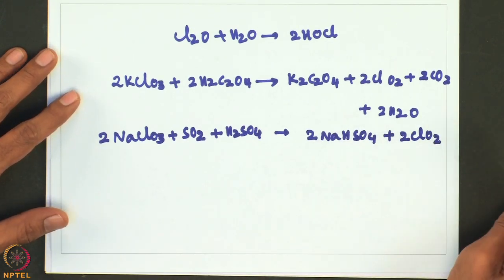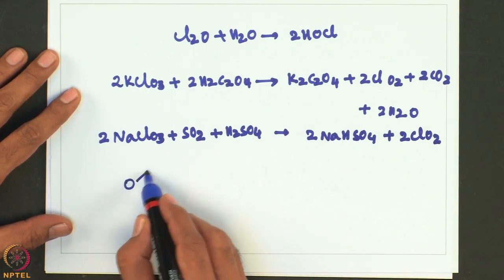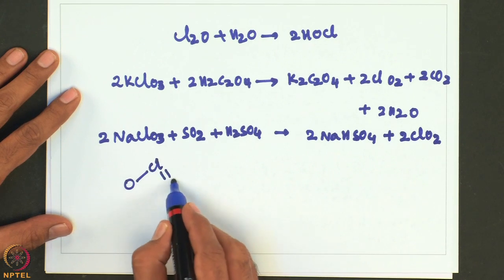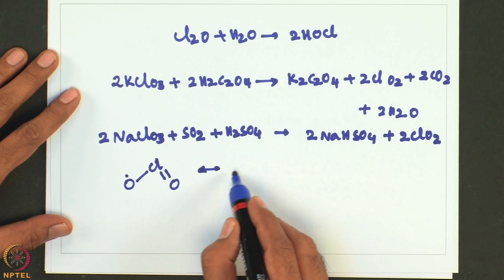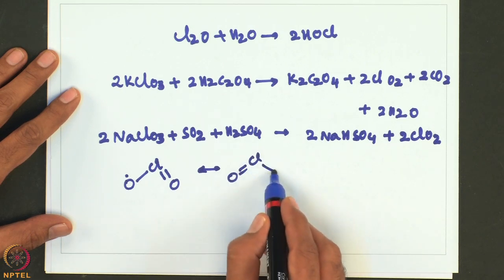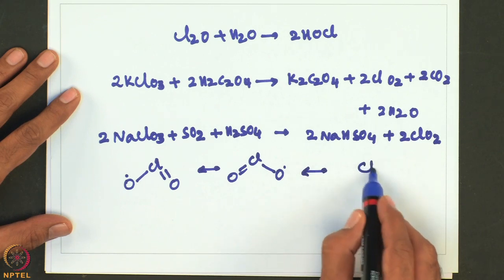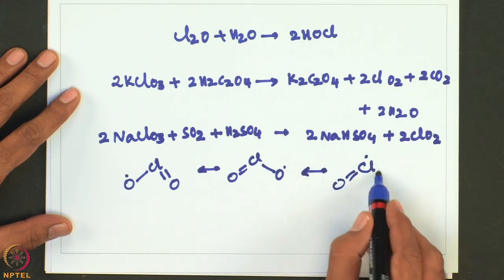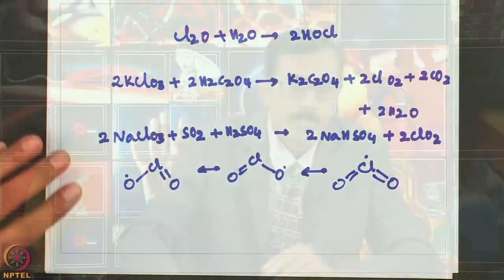One can also write the following structures. These are the possible resonance structures for ClO2.